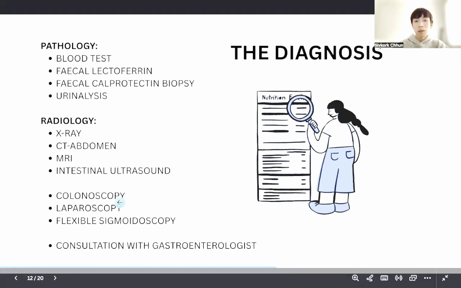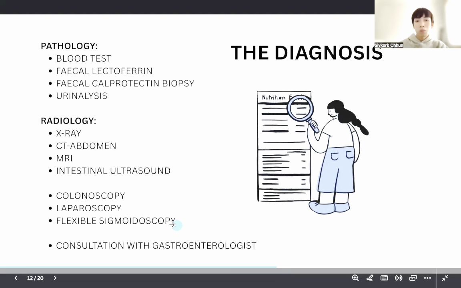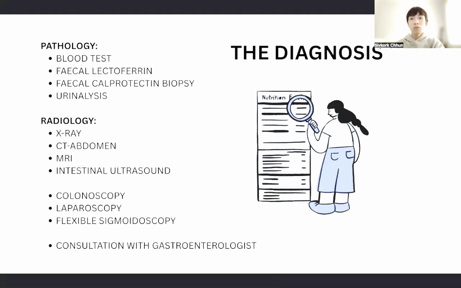Colonoscopy is a common diagnosis that inserts a camera. Laparoscopy also inserts a camera through an incision to capture the image of the inner colon, and usually like a suppository insertion. Flexible sigmoidoscopy is specific to capture the sigmoid colon. And then consultation with a gastroenterologist is also recommended for diagnosis. If you experience symptoms, these are the diagnoses.